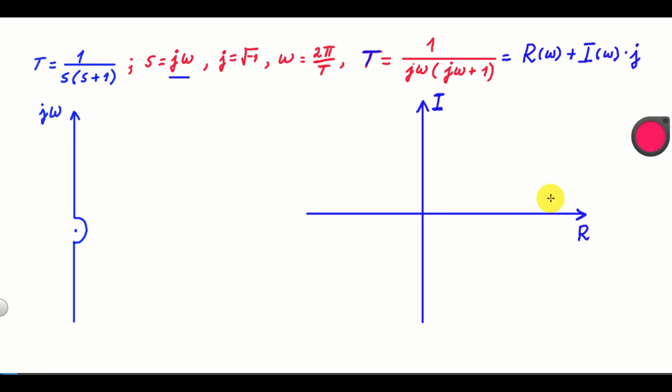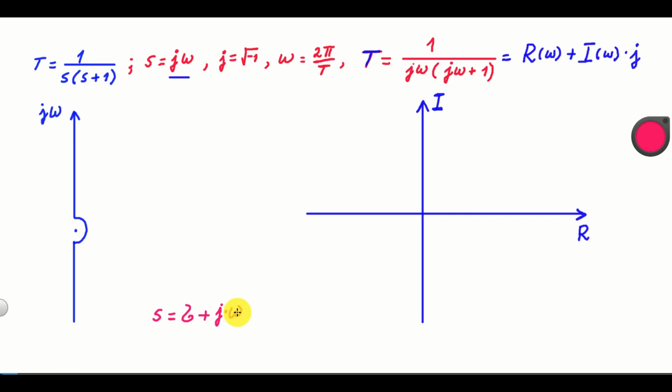Let us go now one step back and let's focus on this transfer function. S in this transfer function is a complex number, and in the general case, S is written like this. Its real part, denoted by sigma, plus j multiplying omega, where omega is the imaginary part.